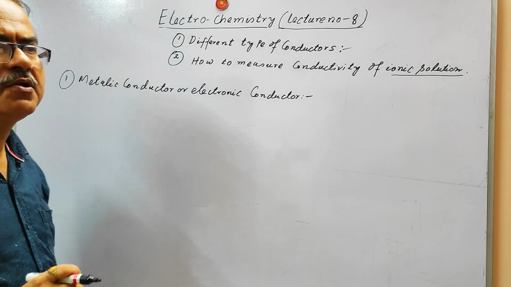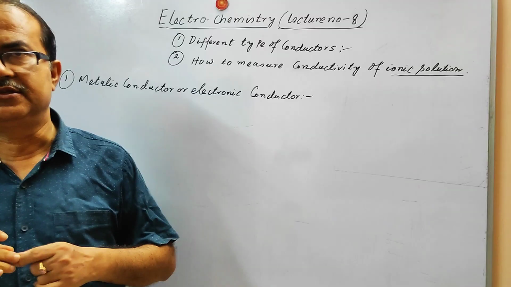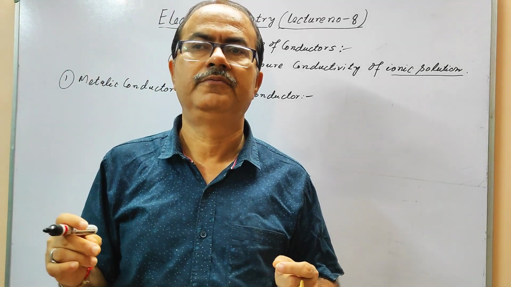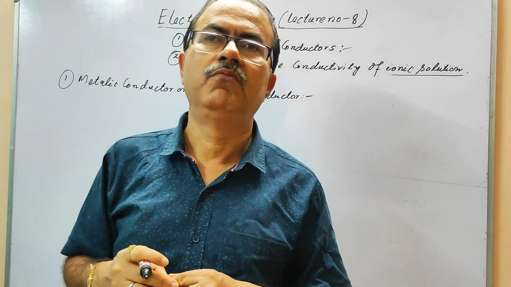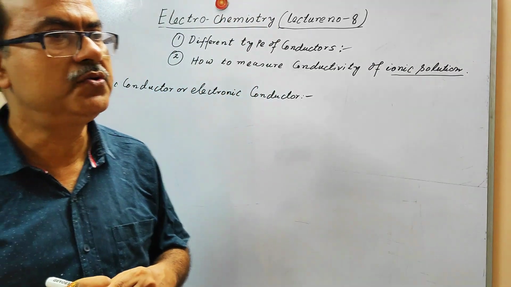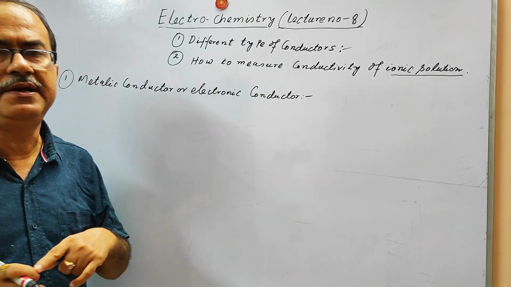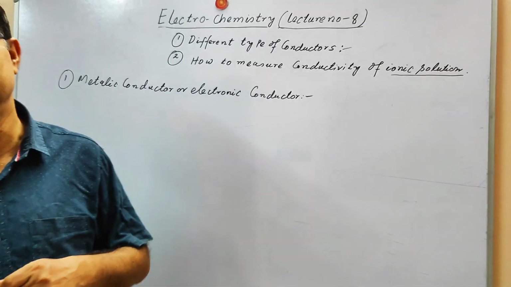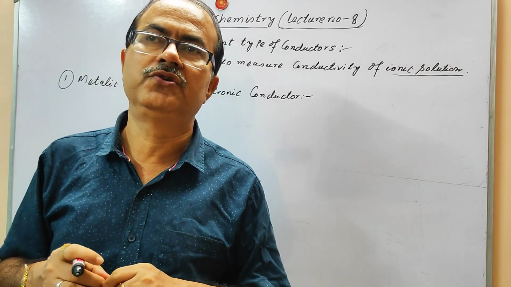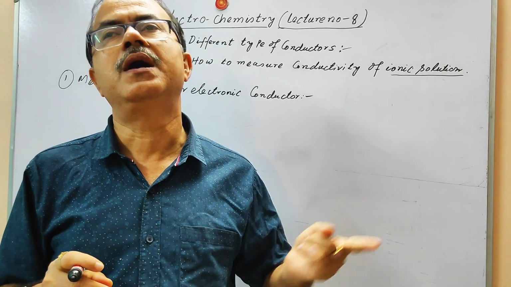Examples of this are metals, graphite rod, or some modified polymers. They are able to carry the electrons, and in a metallic conductor you will find that it is the loose electrons which are responsible for carrying the current from one end of the conductor to the other end.